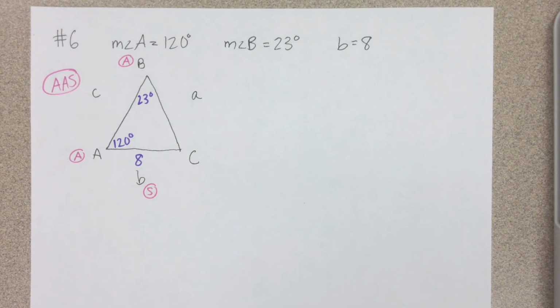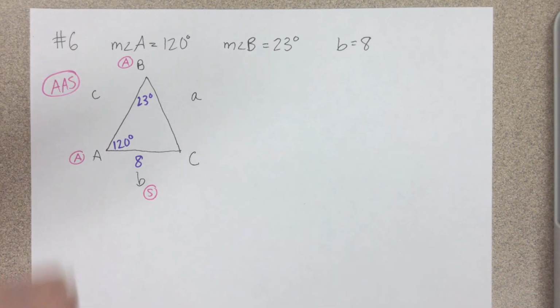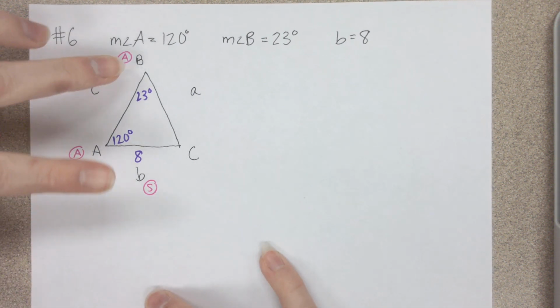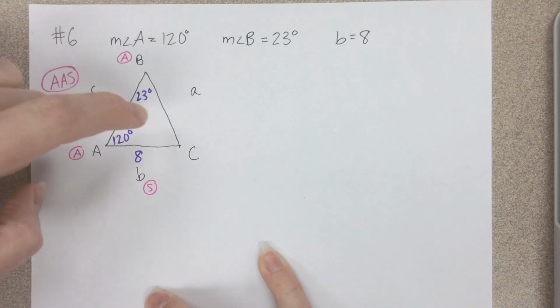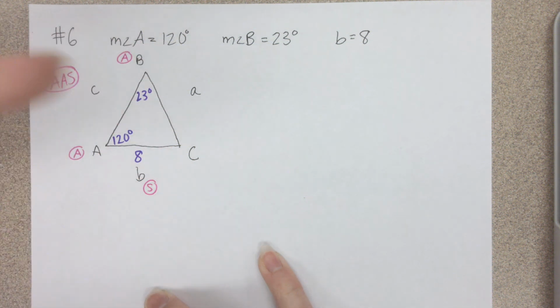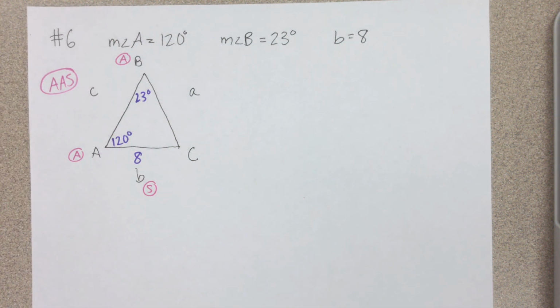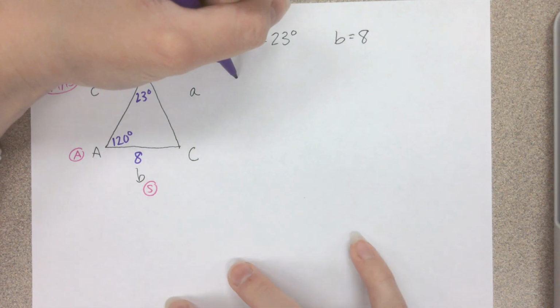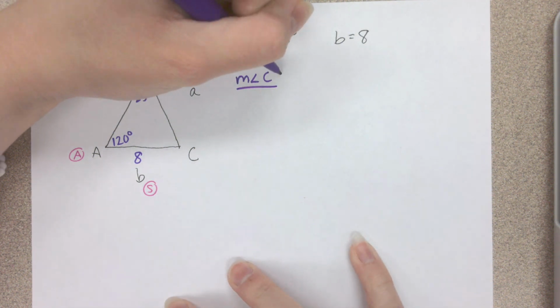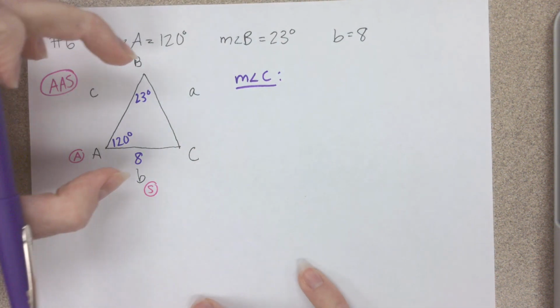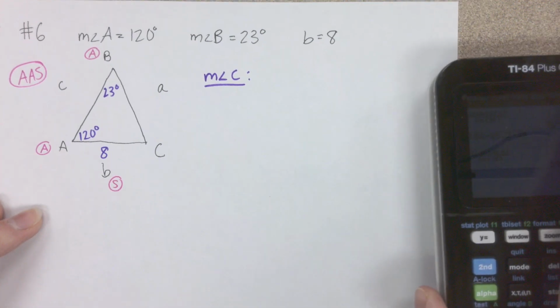Right off the bat, looking at it, notice a couple things. Number one, we can dive in with law of sines if we wanted to, because we do have both B's. But also we do have 2 of the 3 angles, so we could go ahead and find C. Let's do that first, since that's clearly going to be very quick to do. So let's find angle C first, then I'll backtrack and use law of sines with the B's.